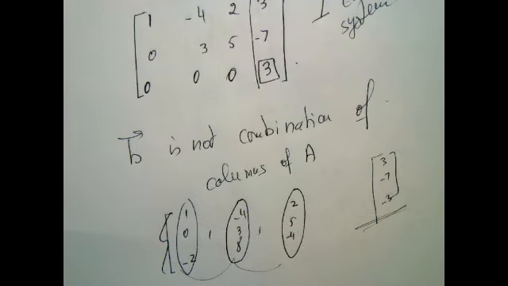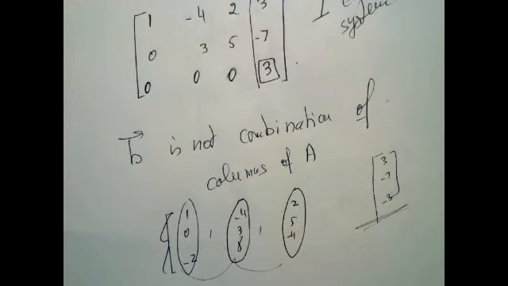Or I will write, if consistent, write B as a linear combination. That's how I will phrase my question. So if I wanted to, then I will do that. Yeah, I read your question, Matteo. Keep going.